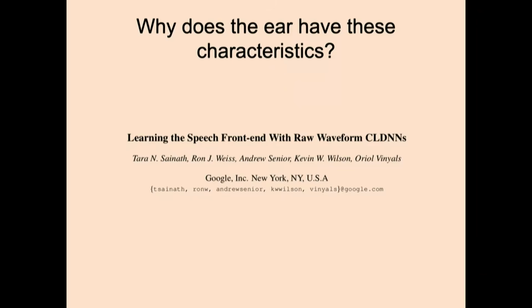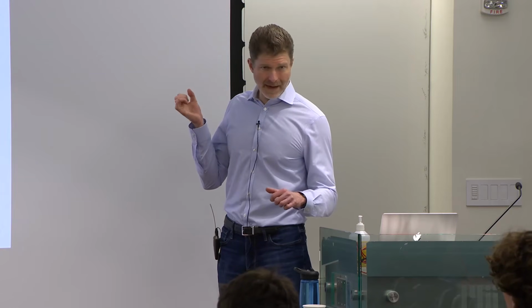This is a cool paper that came out of Google a few years ago, where they, as the title says, learned the front end of a neural network that had to recognize speech.